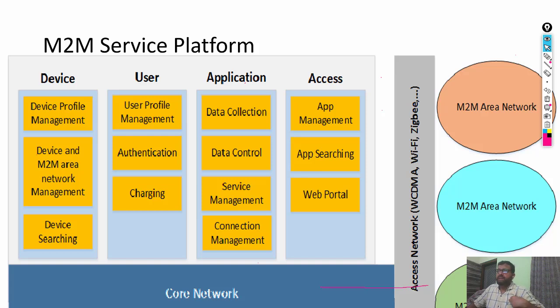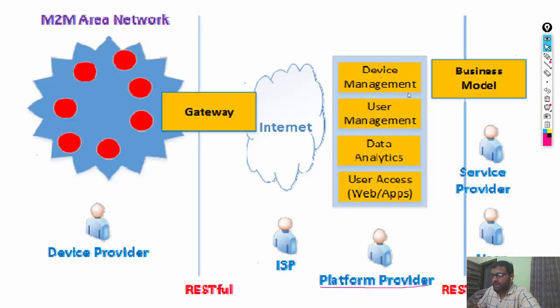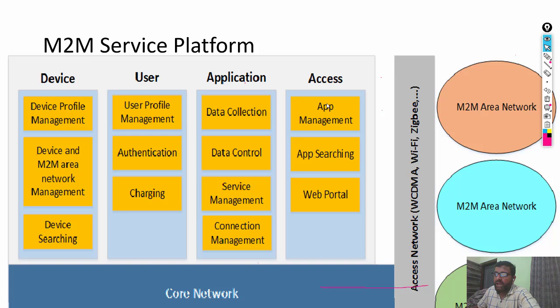Now, what is inside the M2M service provider? Before that we discussed the various components of device provider, platform provider, internet service provider and users. But in the next consecutive slides I am going to discuss the M2M service platform.